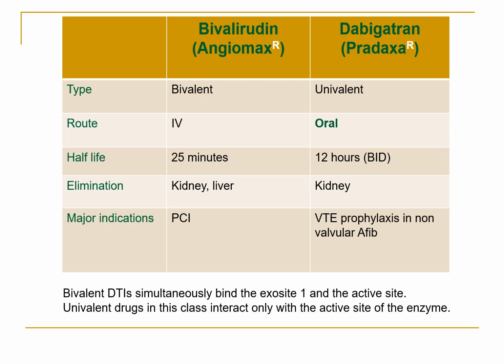You would understand that bivalirudin is given for PCI, in the hospital as IV, whereas the oral anticoagulant would be given at home, for example, for patients who need VTE prophylaxis, venous thromboembolism prophylaxis, if they have non-valvular atrial fibrillation. Note the non-valvular atrial fibrillation, because we don't have data concerning valvular atrial fibrillation. The oral anticoagulant drug that is approved for valvular atrial fibrillation is warfarin, that we will see towards the end.